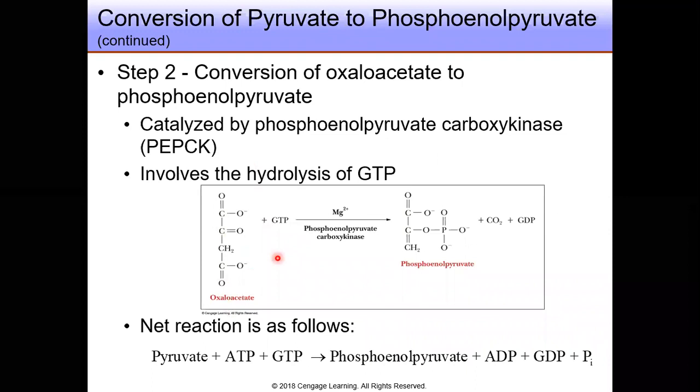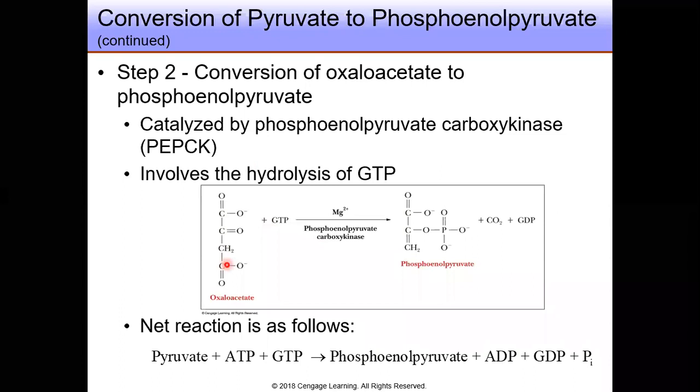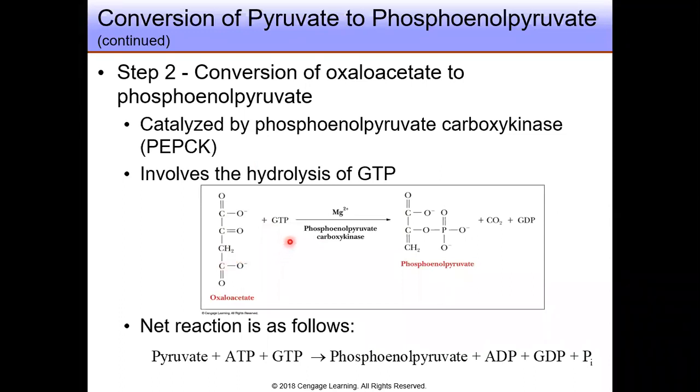Notice here, the reaction involves hydrolysis of GTP rather than ATP, but these GTP and ATP are equivalent. Oxaloacetate requires Mg+2 and the enzyme PEPCK to produce phosphoenol pyruvate and CO2. So here we have in step 1 carboxylation and in step 2 decarboxylation. Now, the successive carboxylation and decarboxylation reactions are both close to equilibrium.